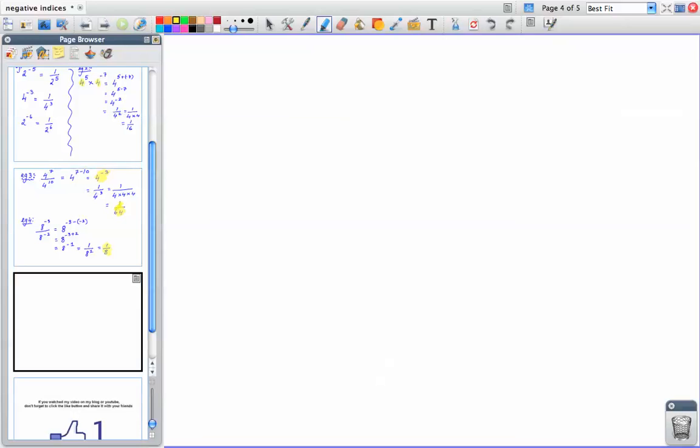So let's say I had 7 to the power of 2, so 7 squared, in brackets, and that bracket was raised to the power of 3.